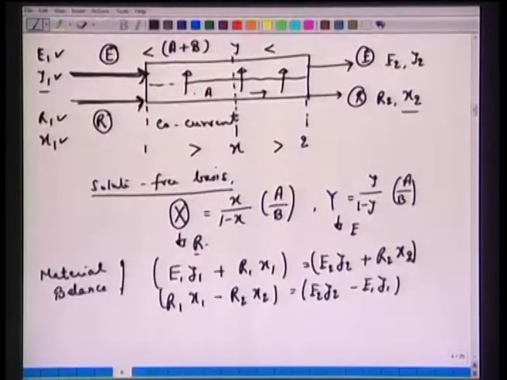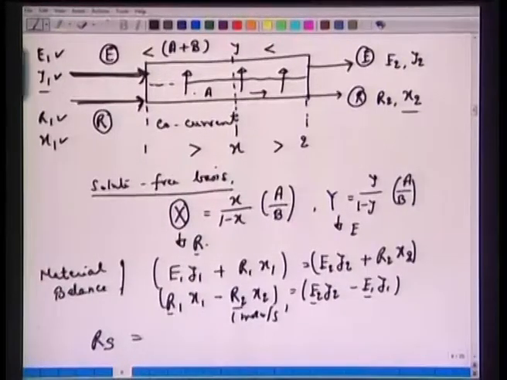Okay, now look at these terms here, R1 and R2, E2 and E1, these are the moles per second at the two ends, right? They will change because A diffuses into B, so the molar flow rate of these two streams will vary along this. However, if we have defined quantities like capital X and capital Y, we can also define a quantity as Rs. So what is Rs here?